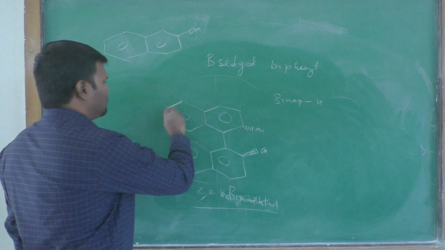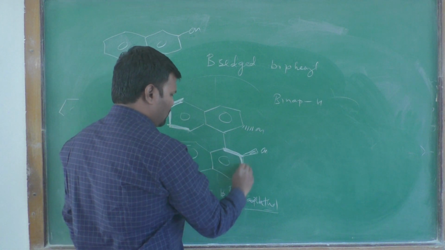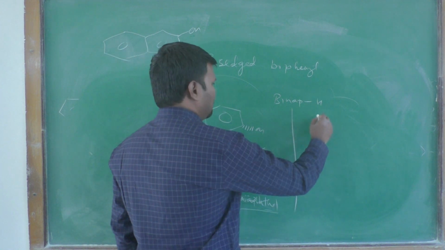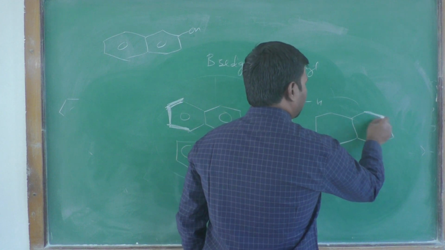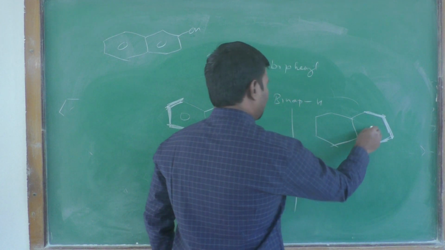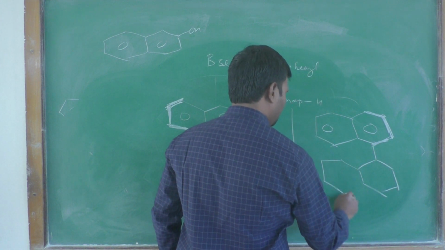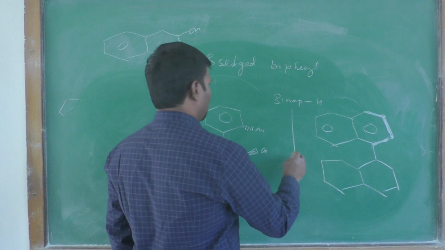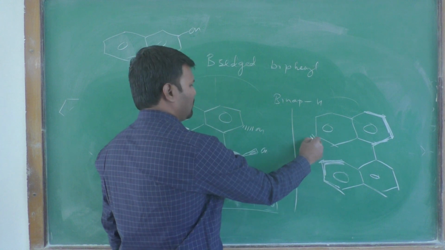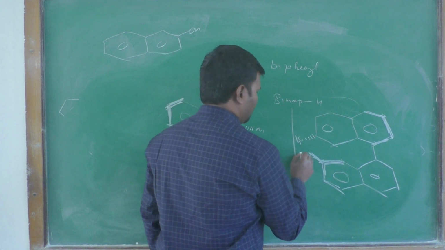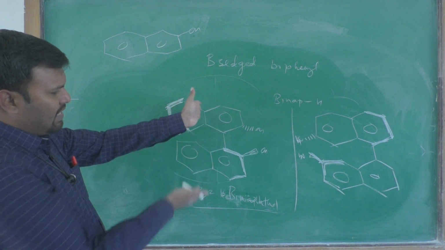If this is the first isomer, its enantiomer looks like that. For the second enantiomer, the first ring is like that and the second ring is like that.